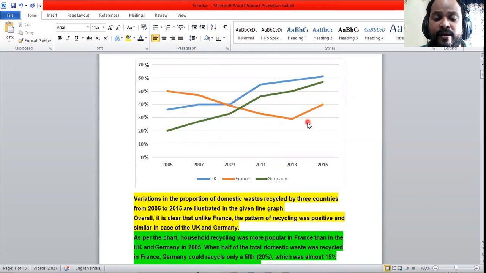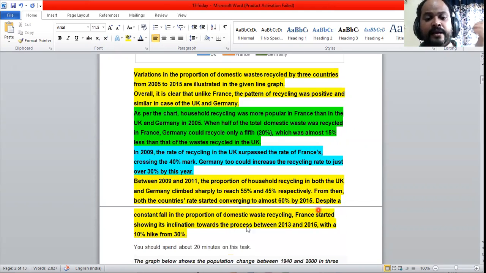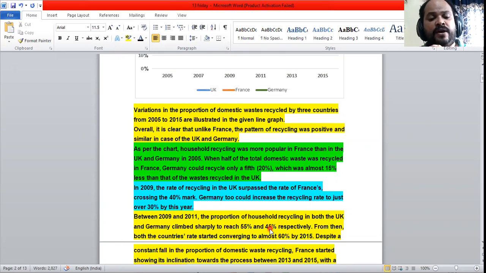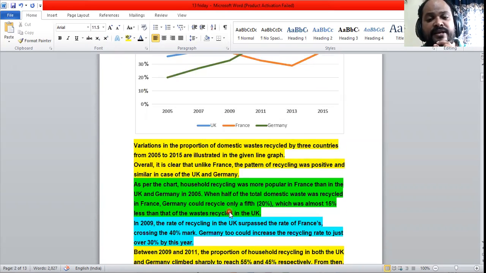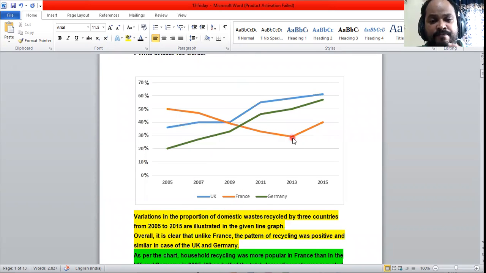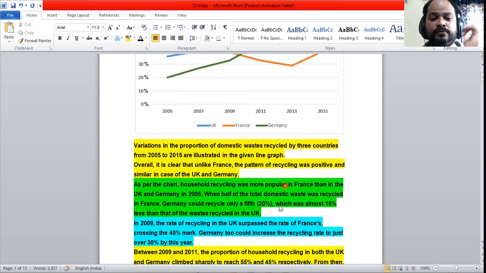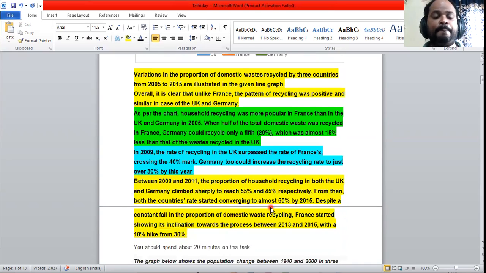And despite a constant fall in the proportion of domestic waste recycling, France started showing its inclination towards the process, with a hike of 10% from 30%. So we have said everything here from the beginning: introduction, overview, point number 1, 2, 3.